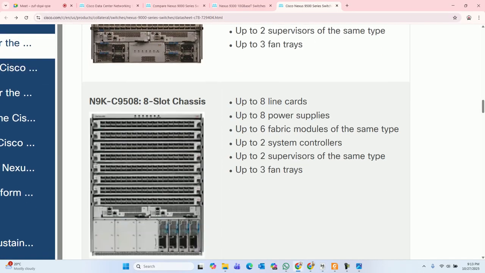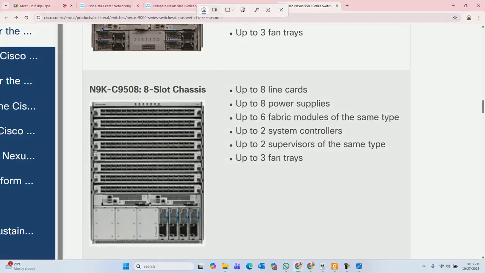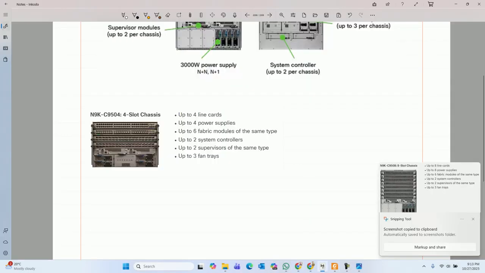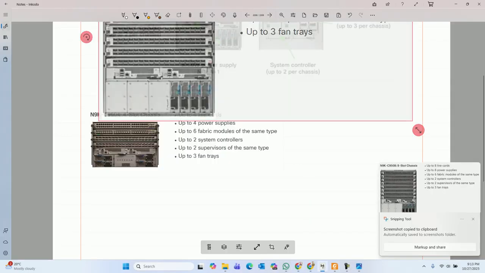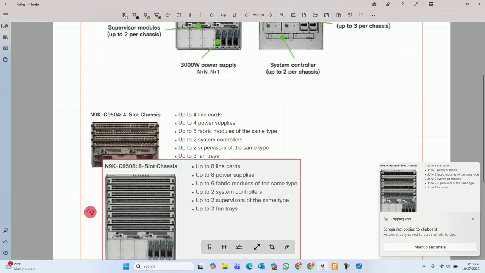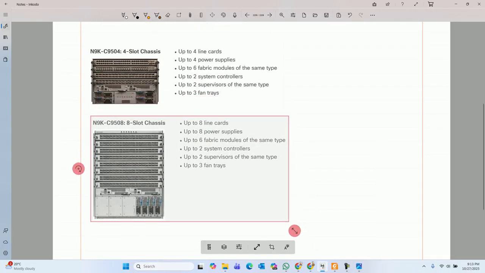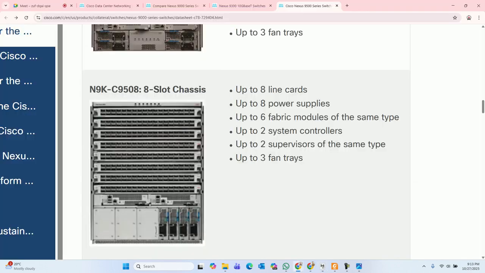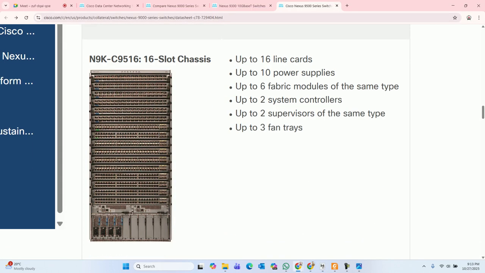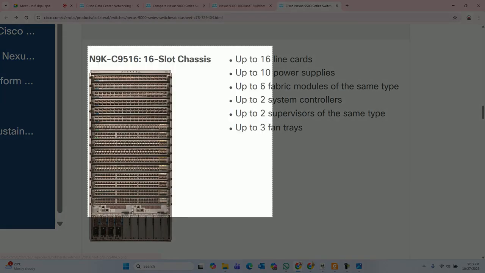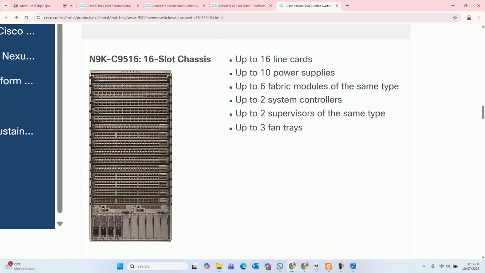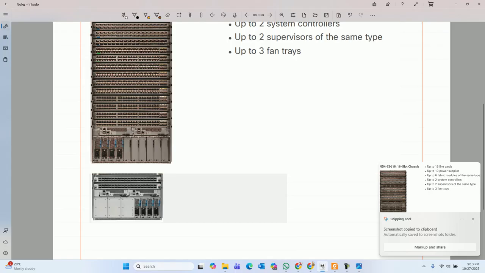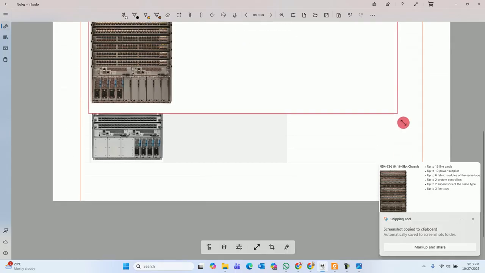We have 9504, then we have 9508, then we have 9516. Then we'll talk about these components, guys. Just a sec. So later on, whenever you make notes, it will be helpful to you also.